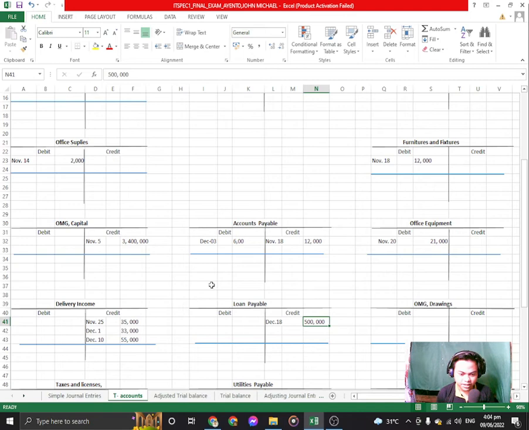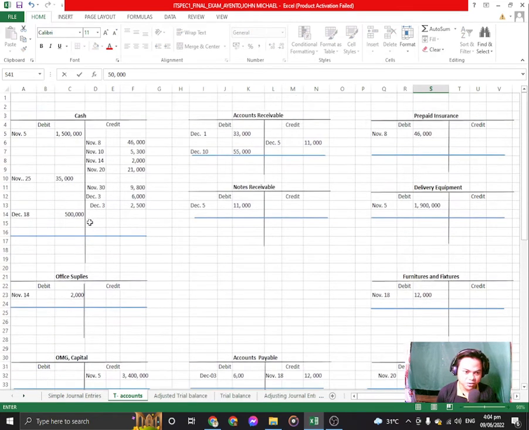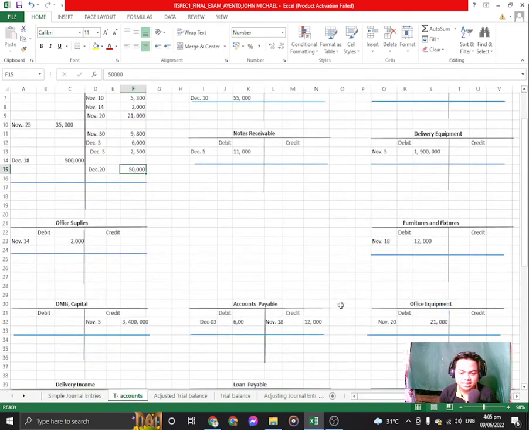Drawings, December 20, the amount of 50,000 pesos, and then cash credit, December 20, 50,000 pesos.